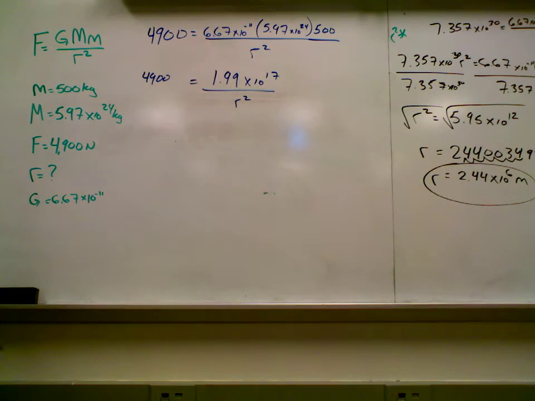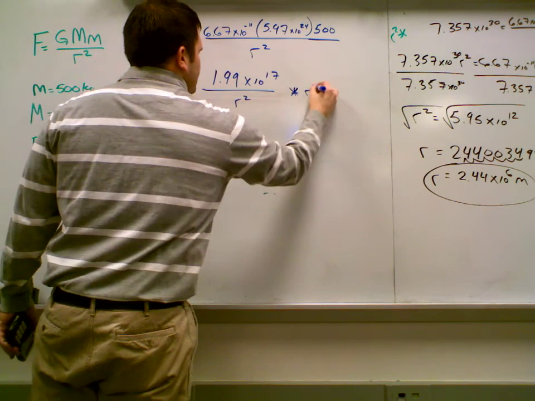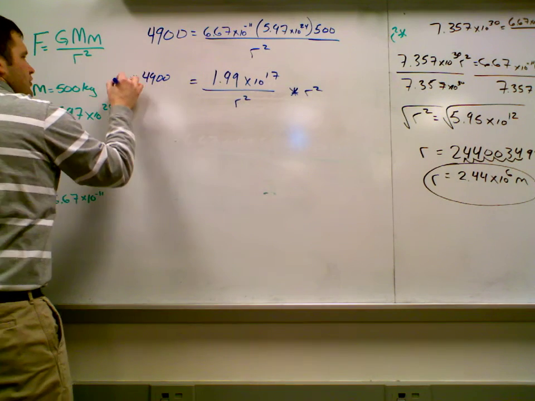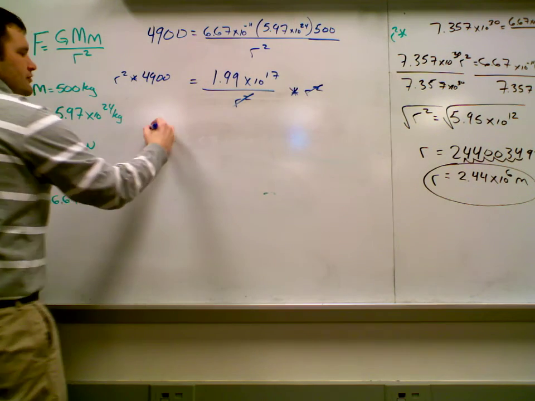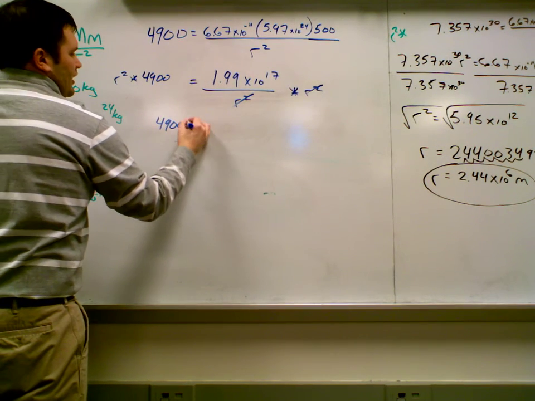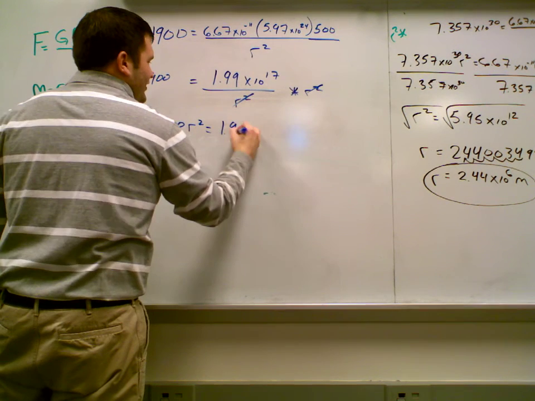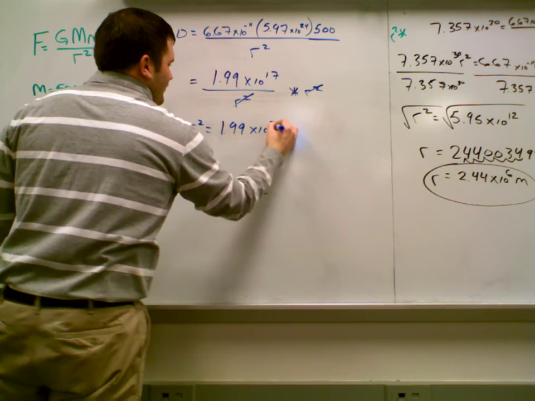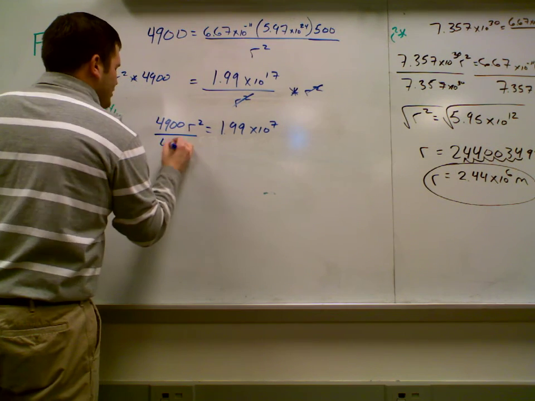Now what should I do? Multiply by r squared. Sounds smart. Okay? So we multiply by r squared, right? So 4,900 times r squared equals 1.99 times 10 to the 17th. What do I do now? Divide. There you go, using good math words.